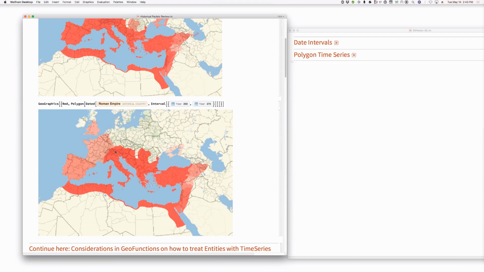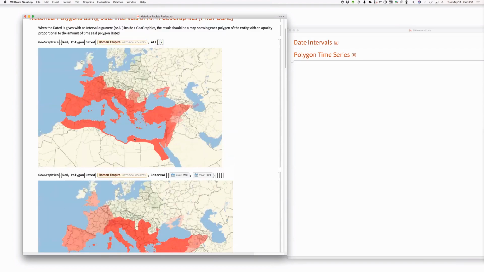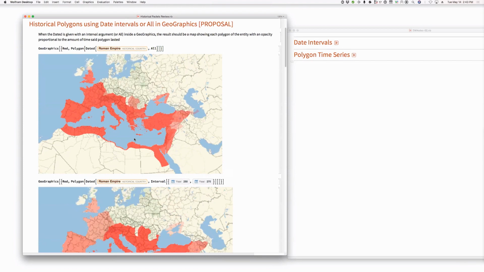Do you remember what I'm talking about? We talked about it last time. Yes, about having some kind of borders, etc. But I think this is a simpler proposal of treating this dated all, which will return eventually a time series, as the list of all the values. And this is what will happen.